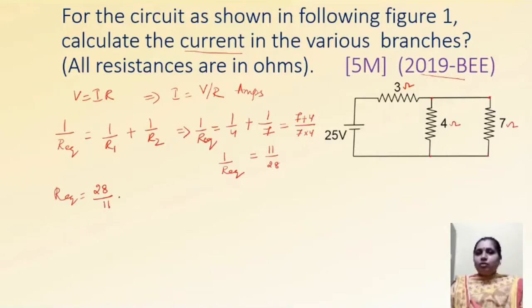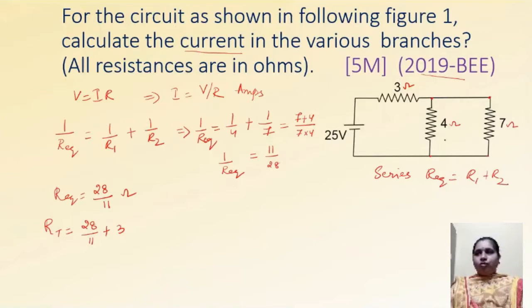This value is in series with 3 ohm, because only one terminal is common between the 3 ohm and the parallel combination. So the total resistance equals 28 by 11 plus 3, where this is your R1 and this is your R2. In series, R equivalent equals R1 plus R2.